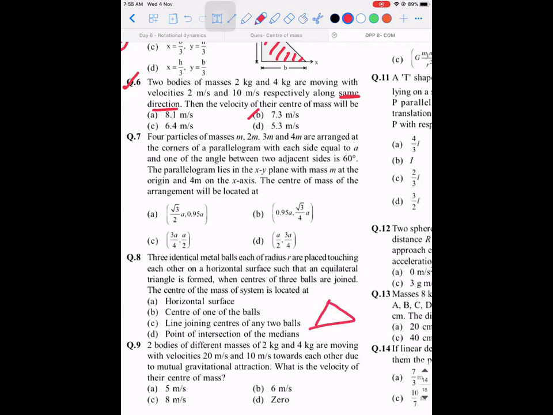For a triangle, where is the center of mass? The point of intersection of medians. What is the name of that point? Centroid. It's called centroid.